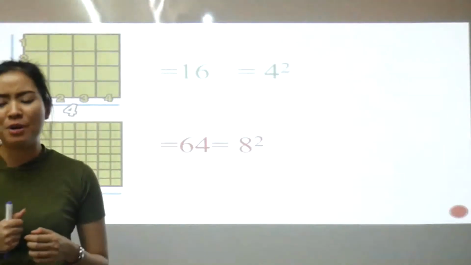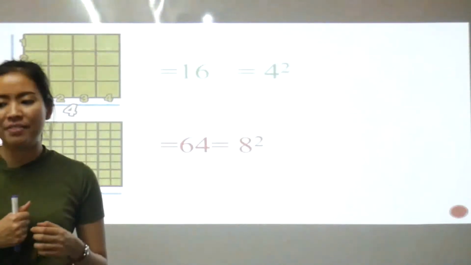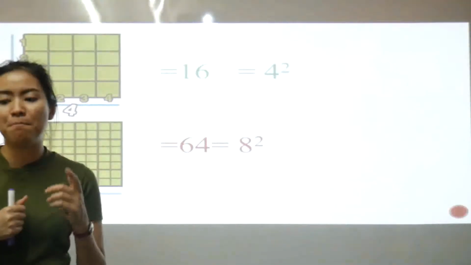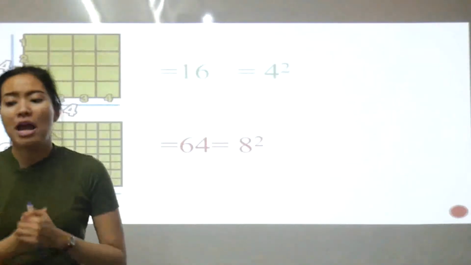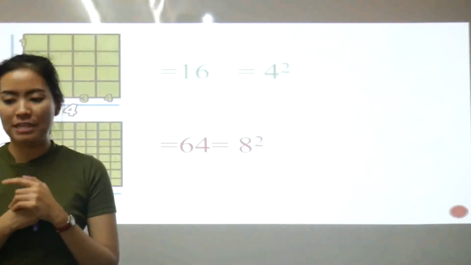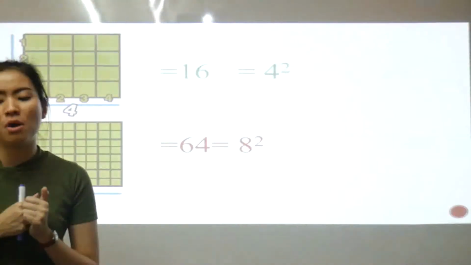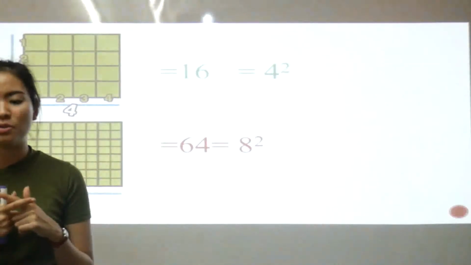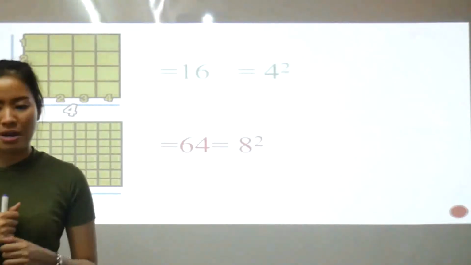Now, we can revisit the two perfect squares from earlier, the 4 by 4 square and the 8 by 8 square. 4 times 4, in terms of area, is 16, which is equal to 4 squared, and 8 times 8 is equal to 64, which we know is equal to 8 squared.